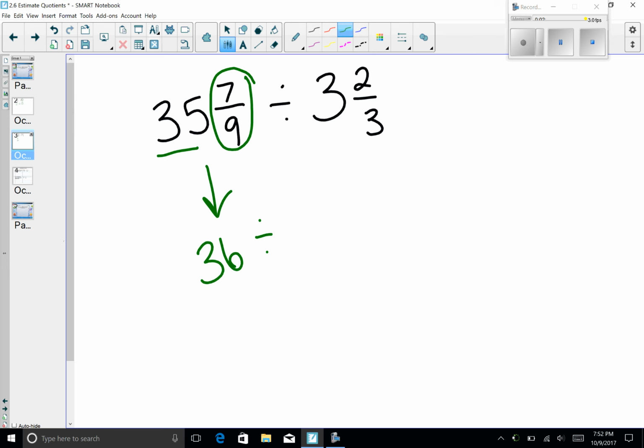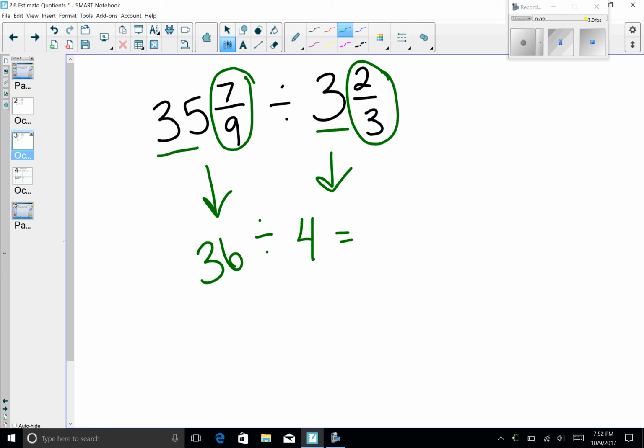Bring down the division sign, and now I'm going to look at my next mixed number, 3 2/3. I see this 3, and I'm going to look at the 2/3. Again, is it closer to a whole, a half, or closer to the 3? In this case, again, it's closer to a whole number, so I'm going to round this number to 4.